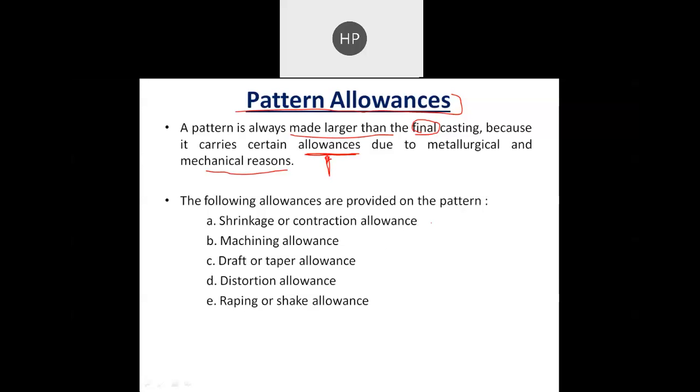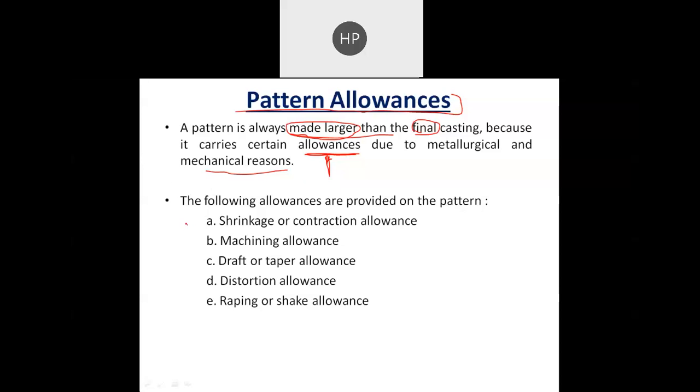These are some of the allowances that will be provided on the pattern, and because of all these five allowances, the pattern is made slightly larger than the original or final casting. So what are those allowances?